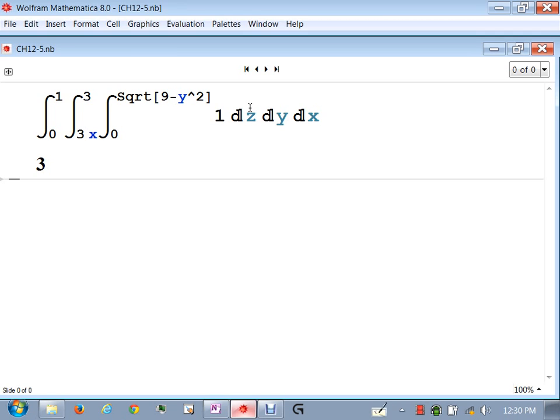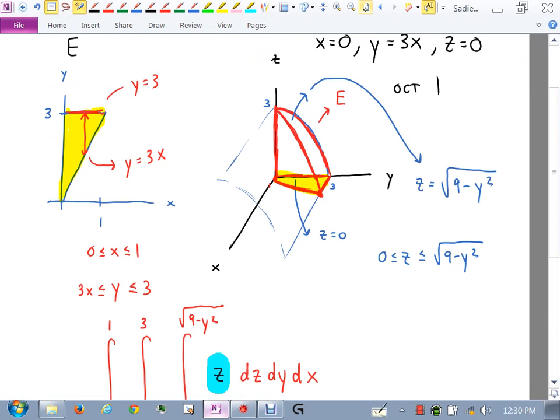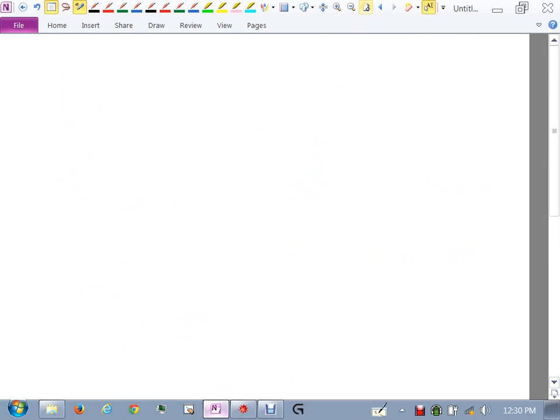If z is 1, it gives you the volume of E. It's another way that we can find volumes of solids, using triple integrals, just like you can use a double integral to find areas. Find the mass and center of mass of the lamina. So page 720, 5.